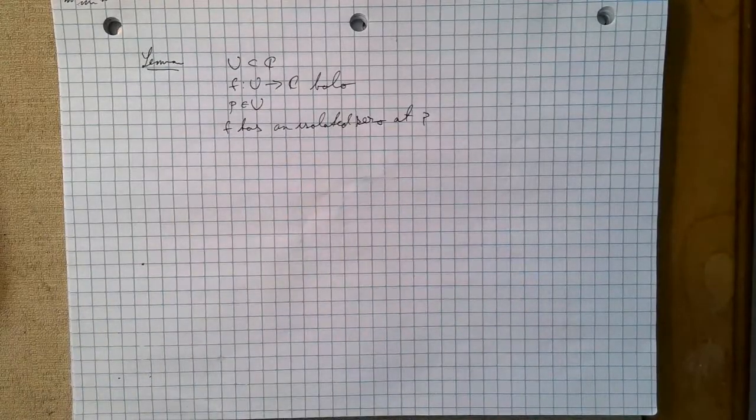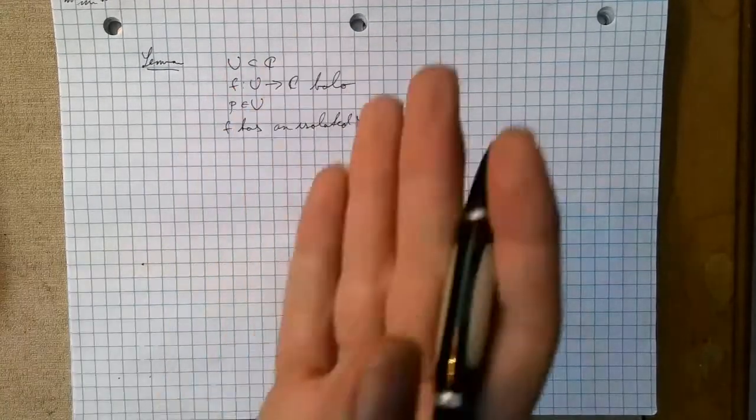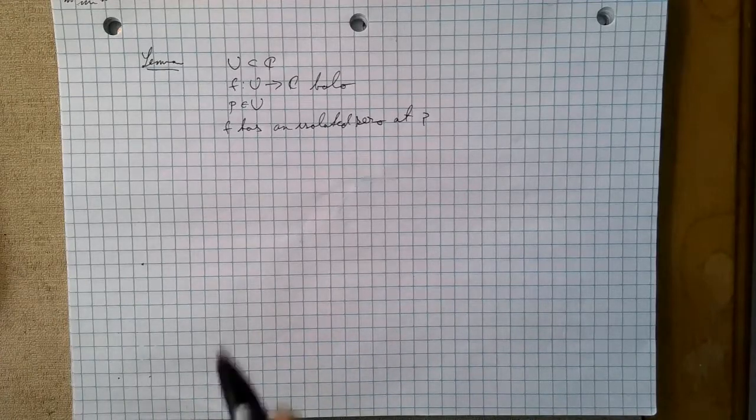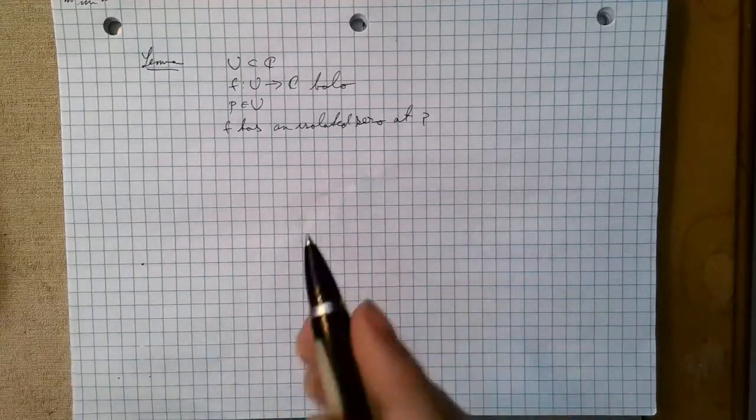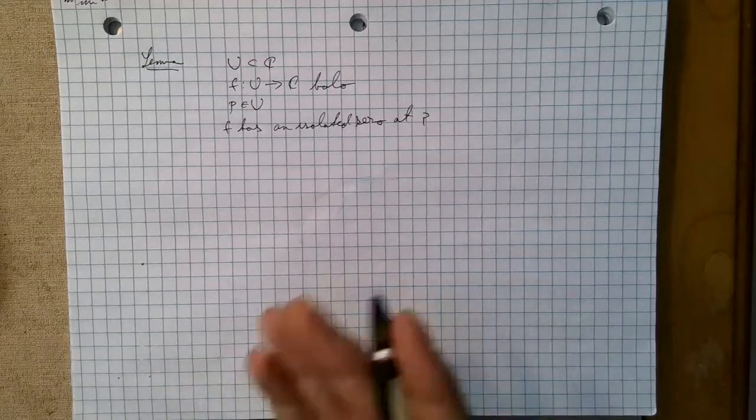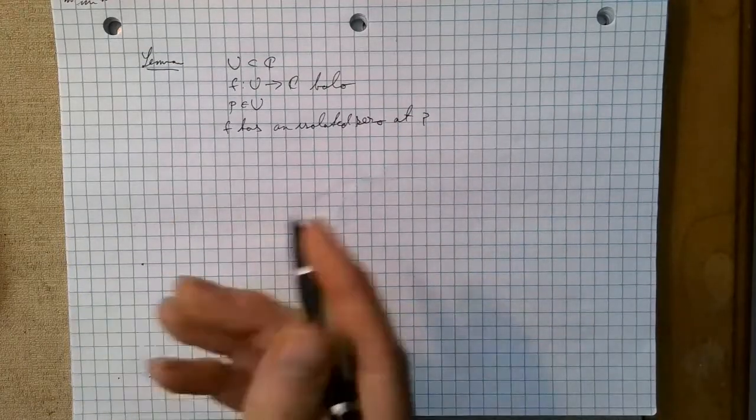So we know that every 0, unless f would be identical to 0 in, let's suppose that U is connected, is isolated, right? So this is a typical 0 of a holomorphic function.